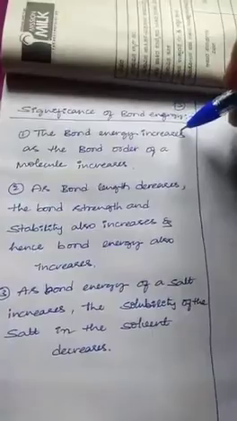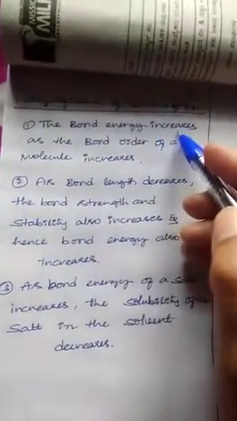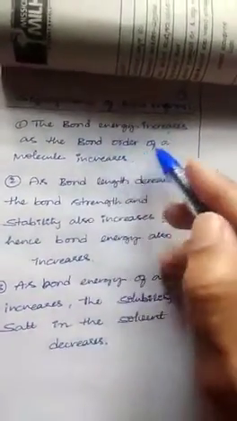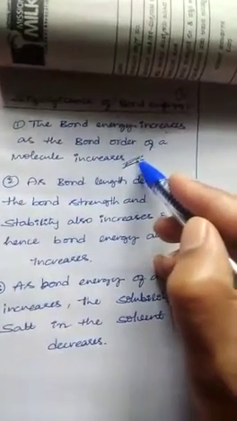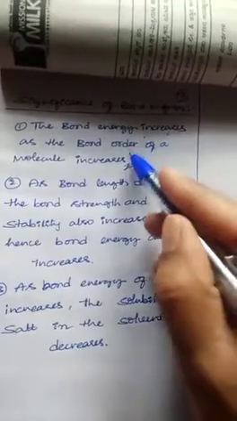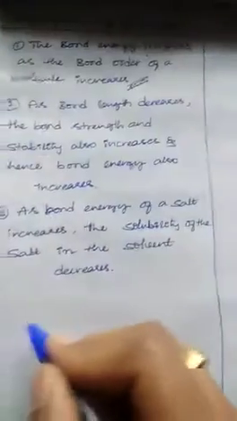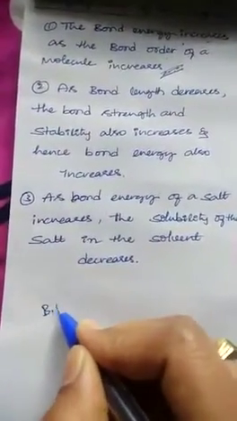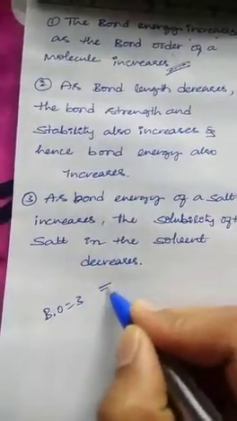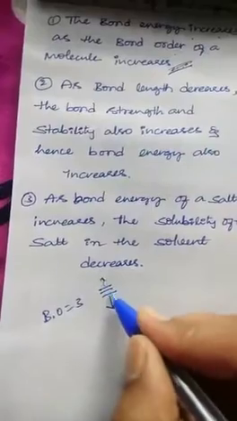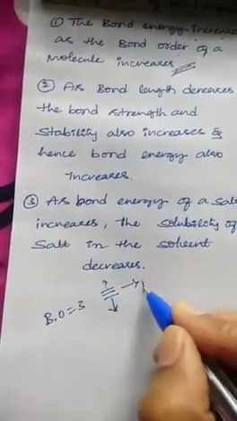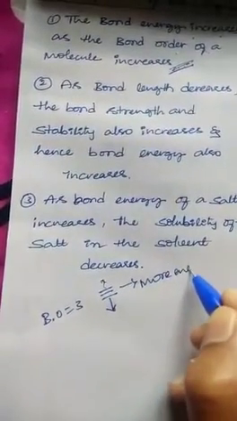And next one is significance of bond energy. The bond energy increases as the bond order of the molecule increases. Understand? Look here, if bond order is 3, 3 means triple bond, right? So when we have to break this triple bond, we require more energy.